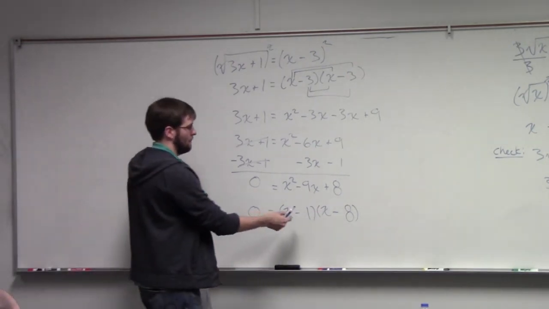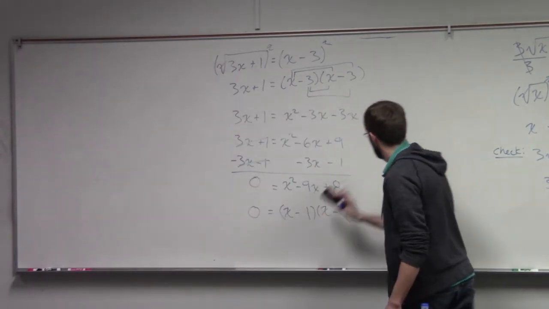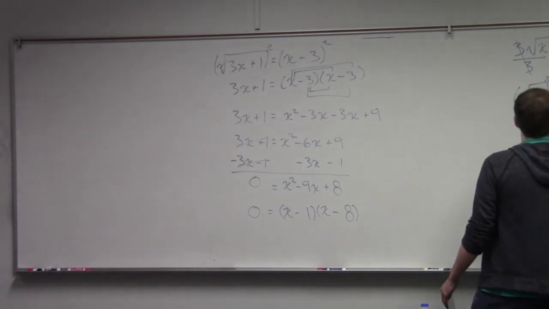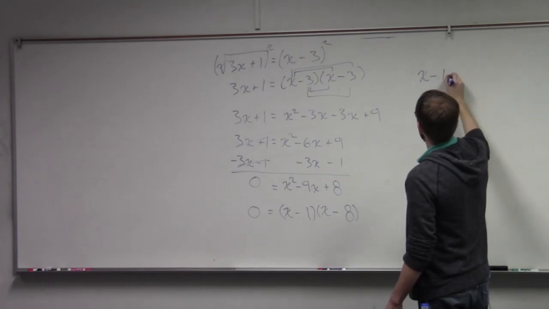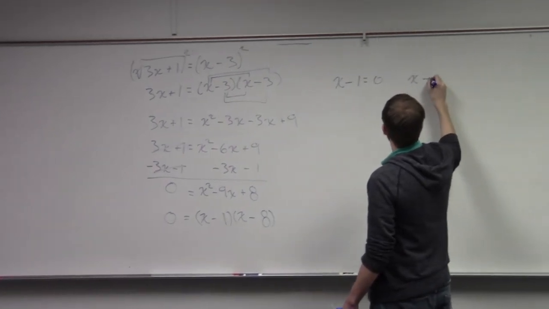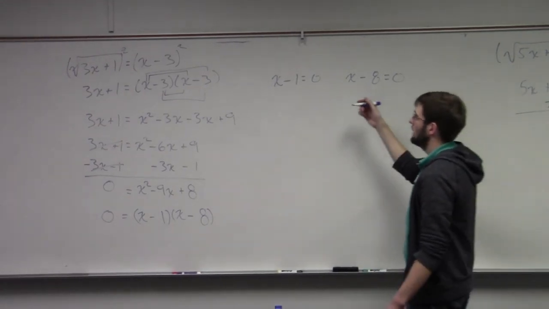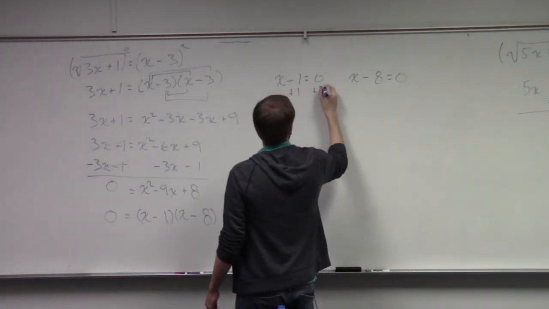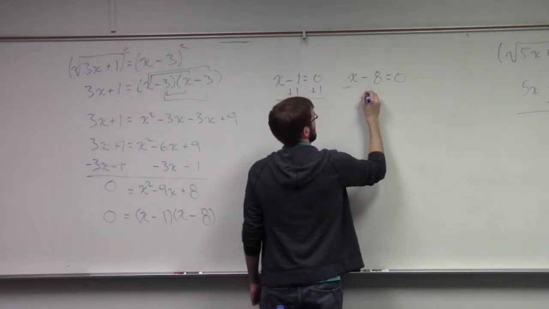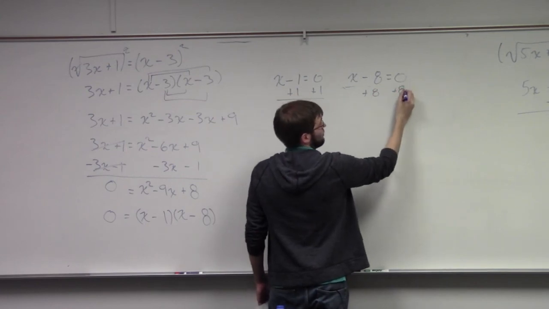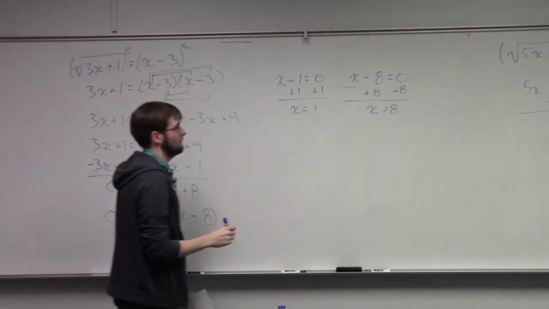All right, and I need to set both of my factors equal to 0. So I have x minus 1 is 0, x minus 8 is 0. Move the 1 over, move the 8 over. So I have x equals 1. Oops, I'm still solving for my solutions. And x equals 8.